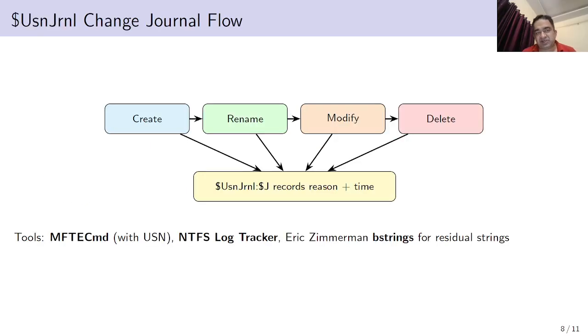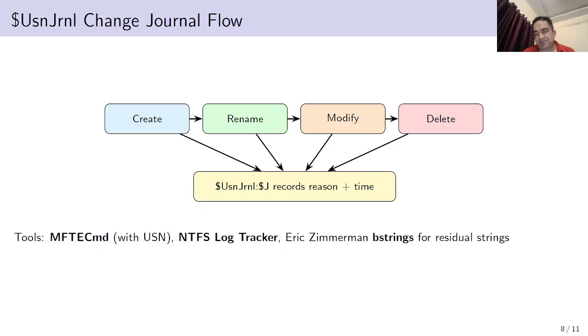Using the journal change workflow: create, rename, modify, and delete flow into the USN journal. The Reason column shows why the journal is powerful for reconstructing file lifecycle, which demands more than static MFT snapshots, using MFTECmd with the USN option, NTFS Log Tracker, and strings.